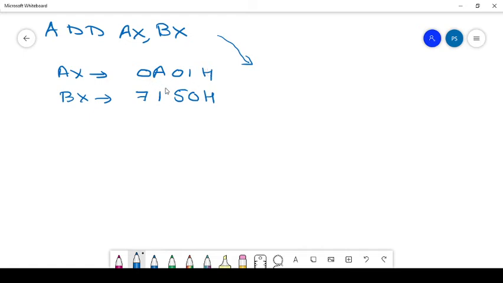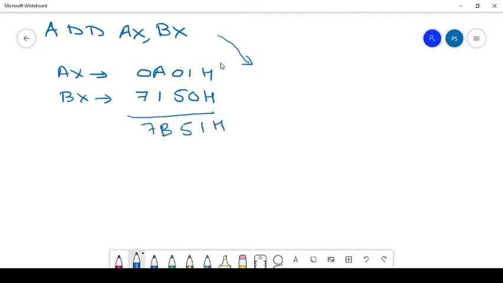Directly it will add: 1 plus 0 is 1, 0 plus 5 is 5, A plus 1, that is 10 plus 1, 11, that is B, and 7, giving 7B51H.